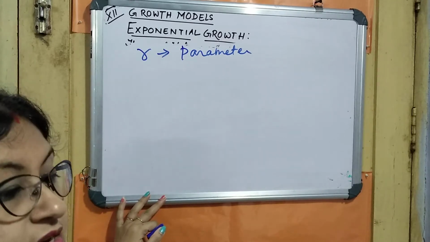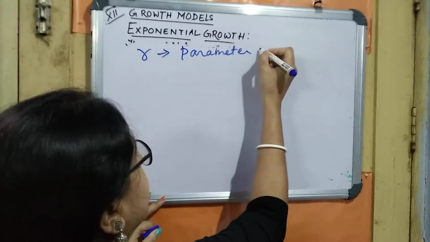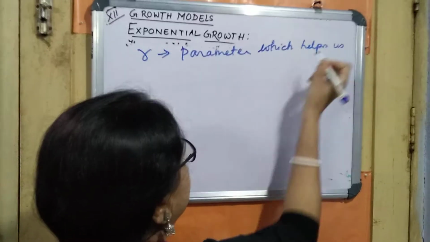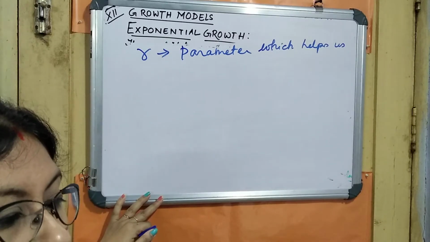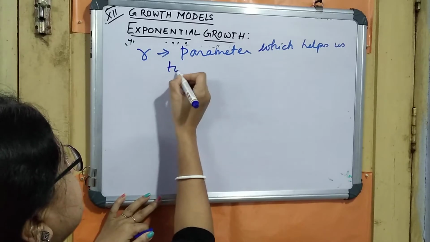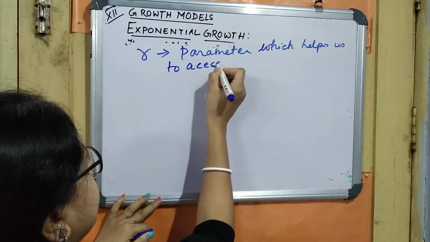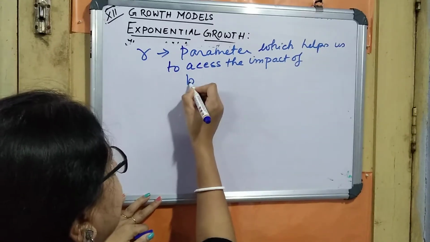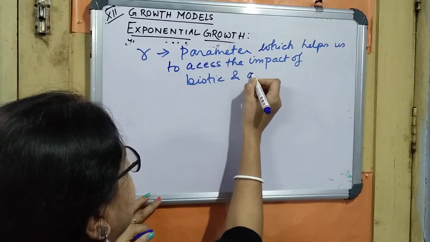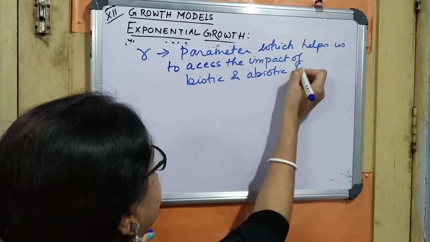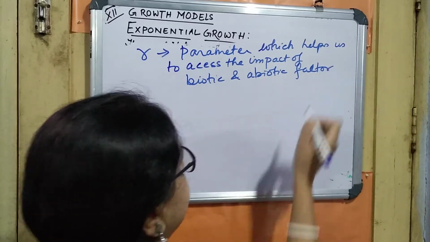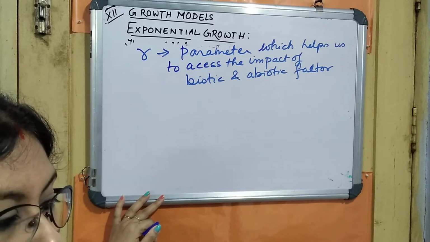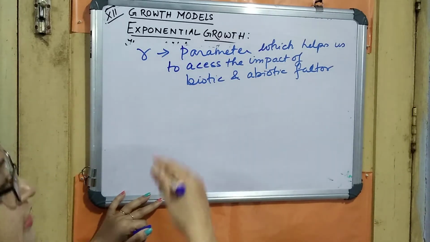Here the significance of r is that this is a parameter which simply helps us to assess the impact of biotic and abiotic factors, and that impact is falling on what?